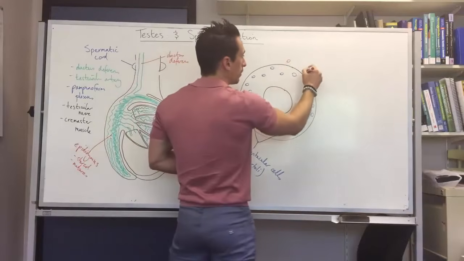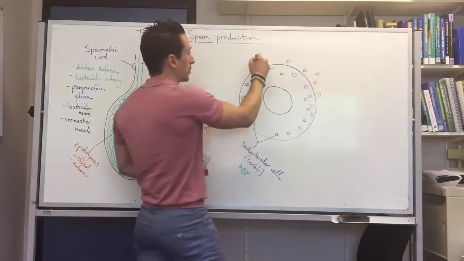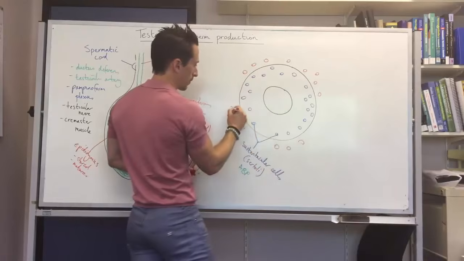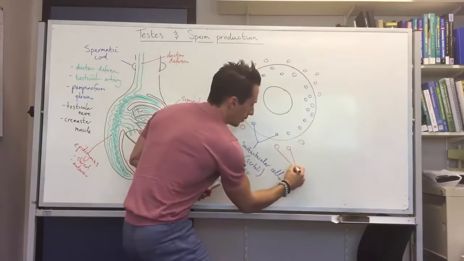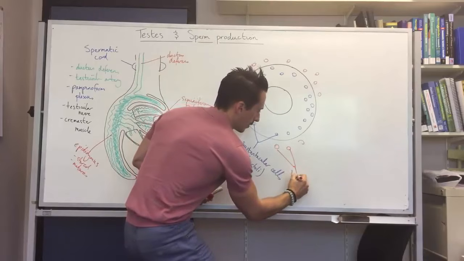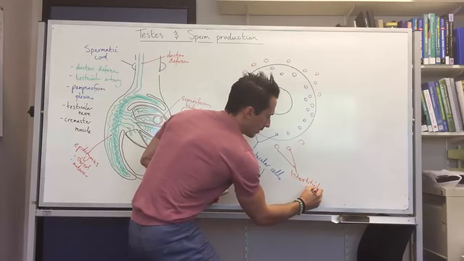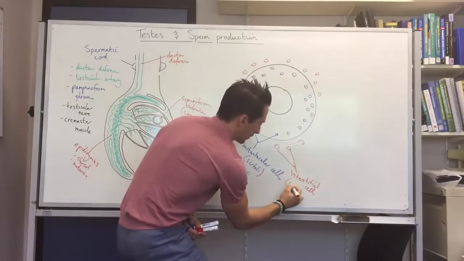In addition to that, there are cells that sit outside of the seminiferous tubule walls, so in the interstitium, and therefore these cells are called interstitial cells. But again, they have another name, and they're called Leydig cells.